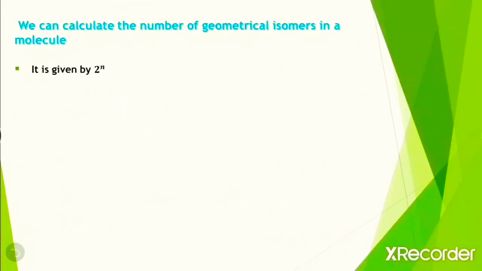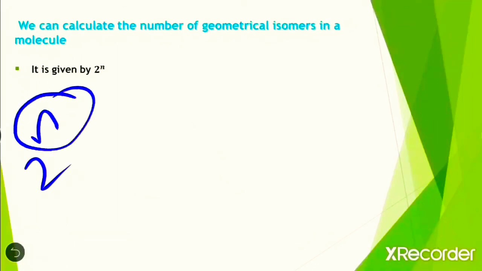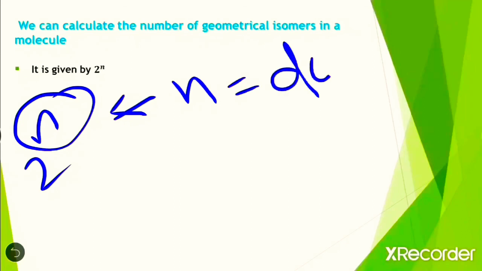So, how can we calculate the number of geometrical isomers in a molecule? It is given by 2^n, where n is the number of double bonds.